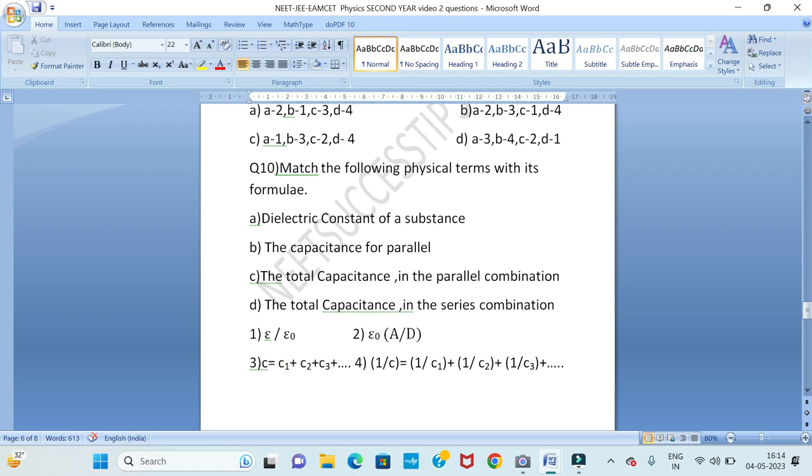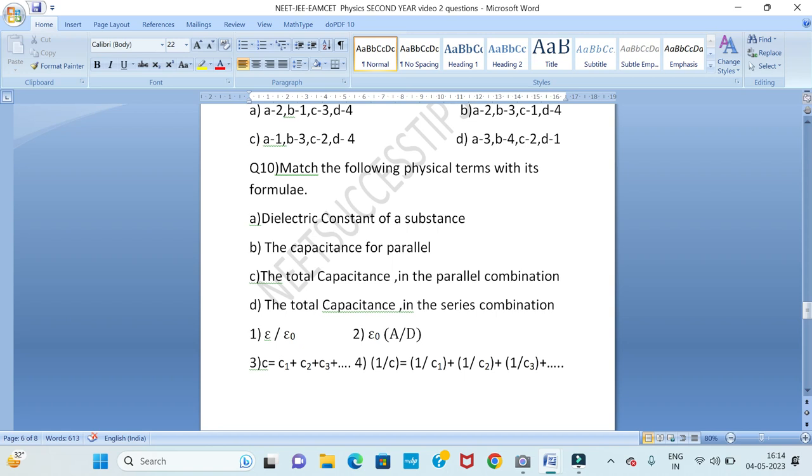Only epsilon is strain or pressure. So dielectric constant of a substance is epsilon by epsilon 0. Epsilon 0 is permittivity of the vacuum. Epsilon is strain, or stress, or pressure. Stress is equal to pressure, strain is different. Strain is delta x by x. That is the formula for strain. Second one is the capacitance of parallel.